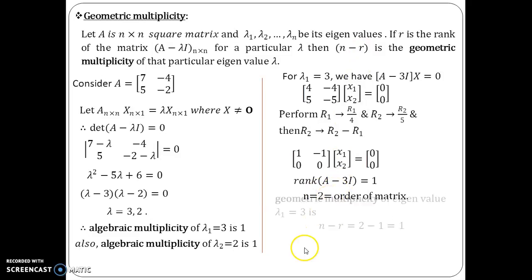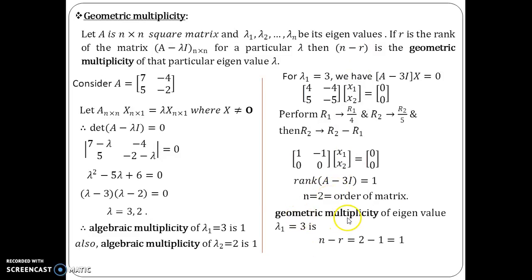So finally, geometric multiplicity of eigenvalue lambda 1 equal to 3 is nothing but N minus R, where N is 2 and R is 1, which is 2 minus 1 is 1. That's it. So geometric multiplicity is 1 for lambda 1 equal to 3.